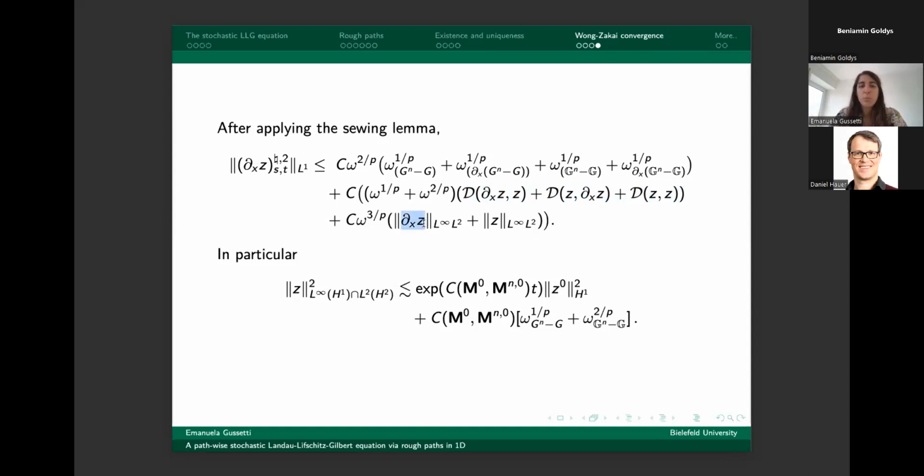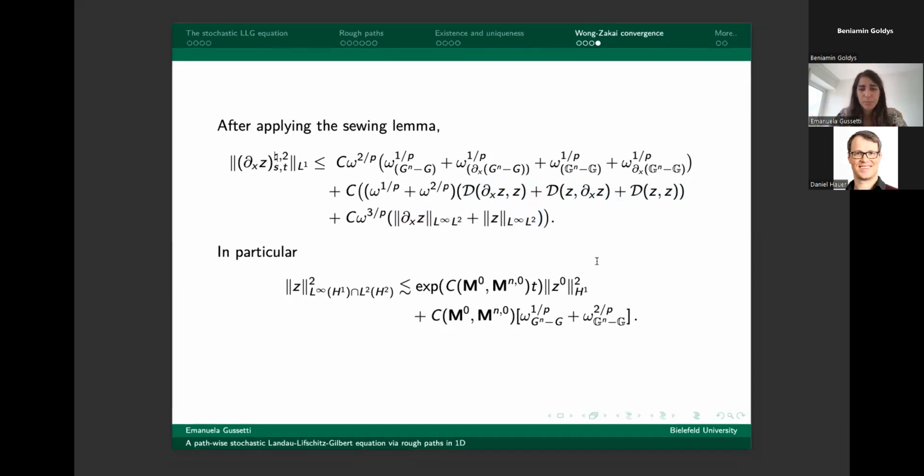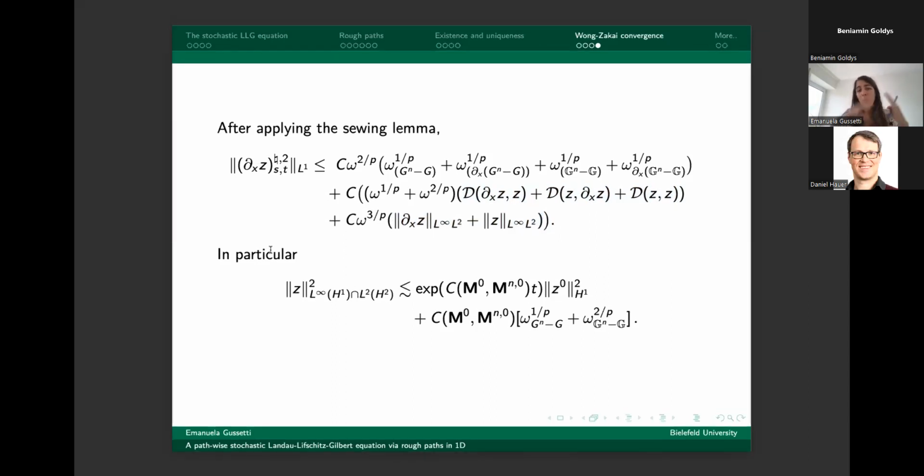And okay, one then gets L infinity L2 and L infinity L2 here, and this will be bounded by initial conditions. So we will get, after applying the Rough Gronwall lemma, that is basically a Gronwall lemma for rough paths, an estimate that is like an exponent that depends on time and depends polynomially on the H1 norm of the initial conditions, times the initial condition.